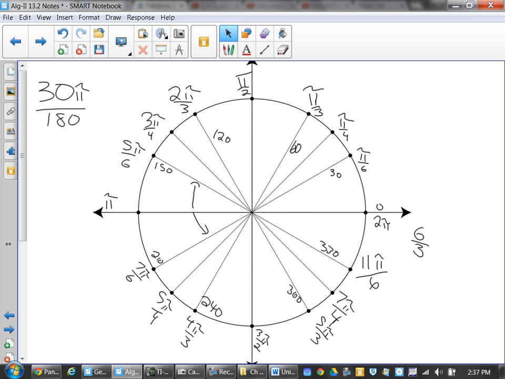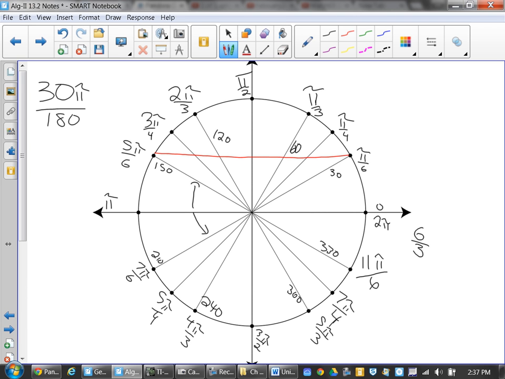Now here's the really big idea of what I want you guys to notice. They share the same reference angle, don't they? Their y values are the same, aren't they? Their x values are the same.